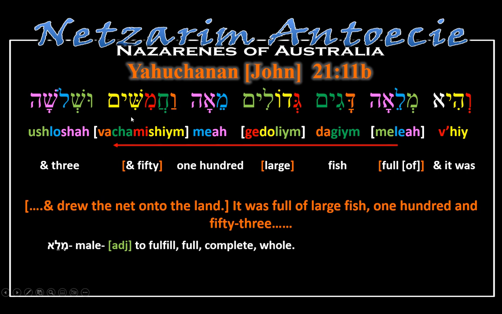V'chamishim. And we know chamishim means 50. Ushlosha, meaning and 3. Shalosha is 3. And drew the net onto the land. It was full of large fish, 153.